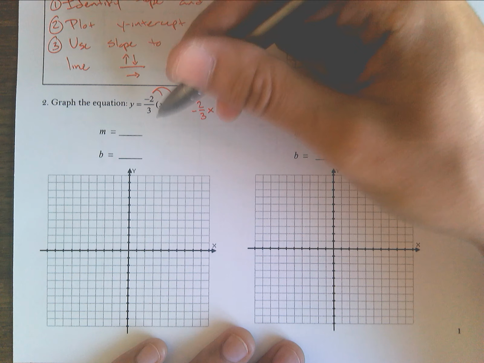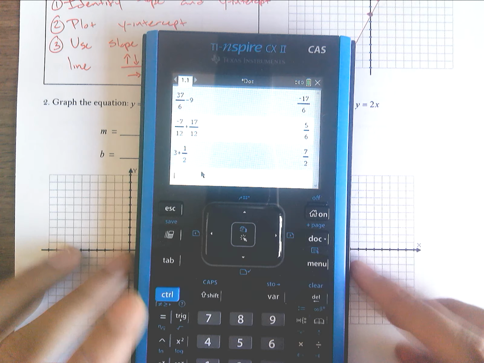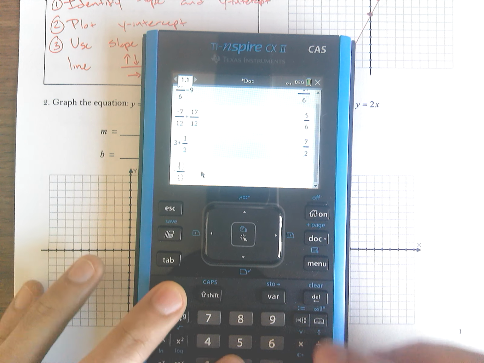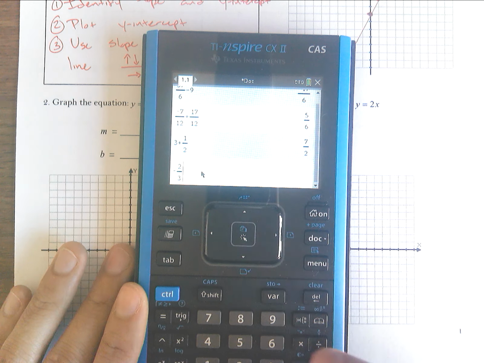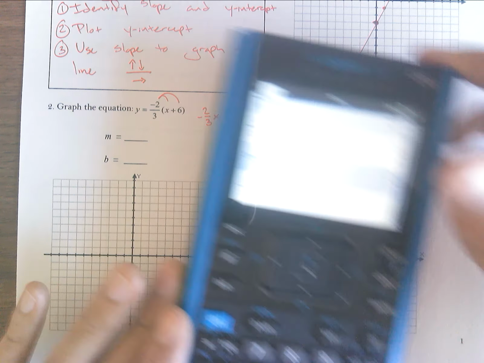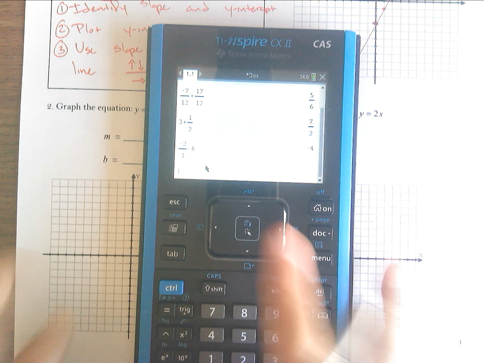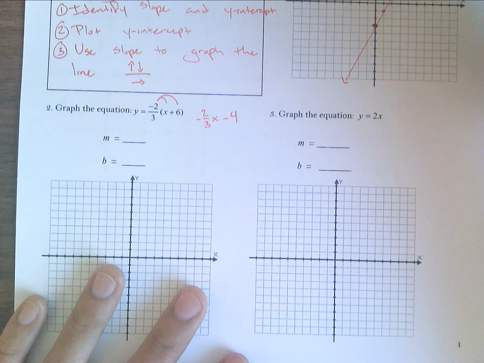And then negative 2/3 times 6, well, let's go ahead and plug that into our calculator. Negative 2/3 times positive 6 is negative 4. So negative 4 or minus 4. And then this is all equal to y.